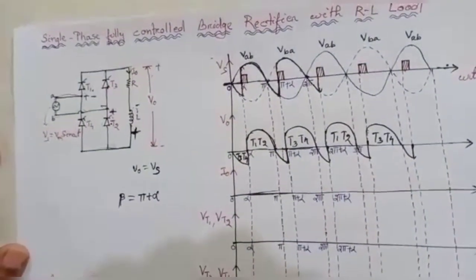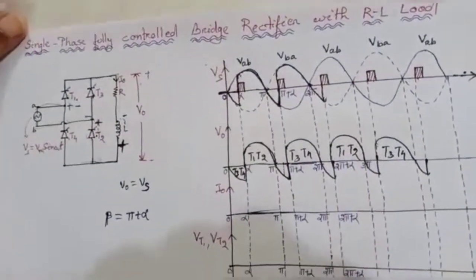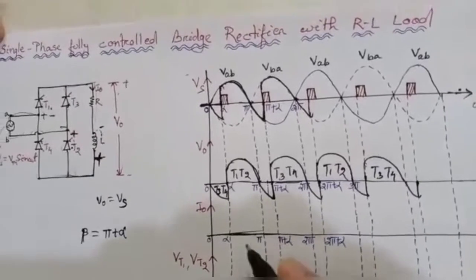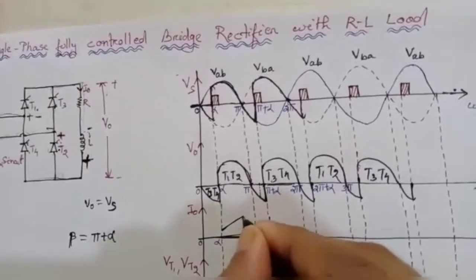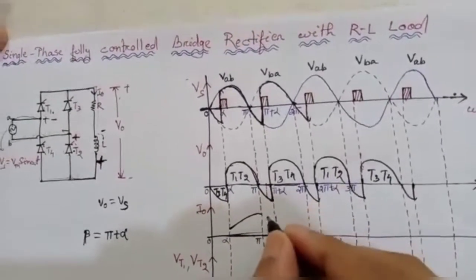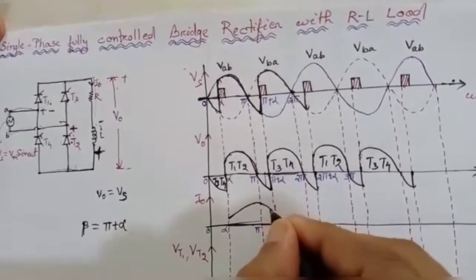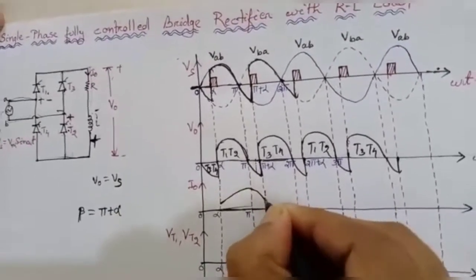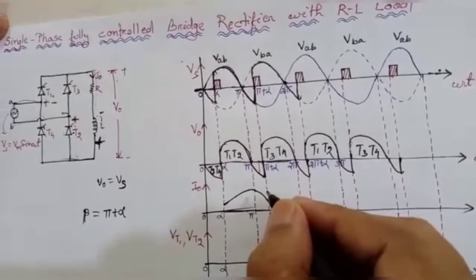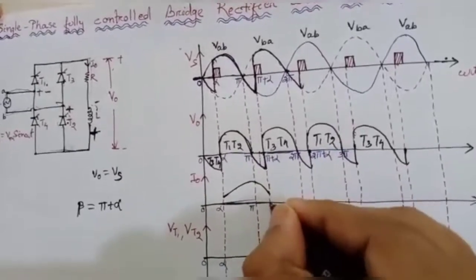Again, if we will go for the value of I0, so as we know, due to the source, current must be increasing. Due to the load or inductor, current must be decreasing in nature. But in case of half wave converter, it should come to 0.